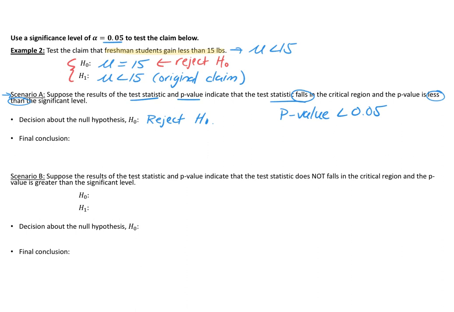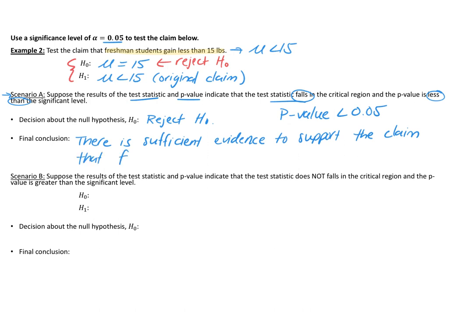So how do we word this in the conclusion? In the conclusion, we would word this as there is sufficient evidence to support the claim, and then I'm going to restate the claim. So support the claim that freshman students gain 15 pounds, or excuse me, gain less than 15 pounds.